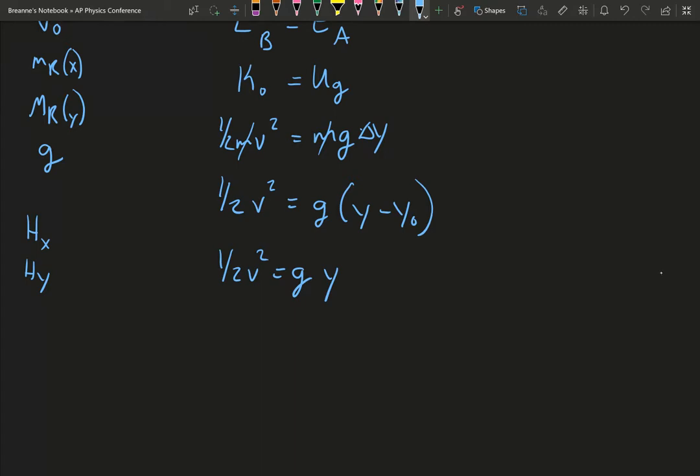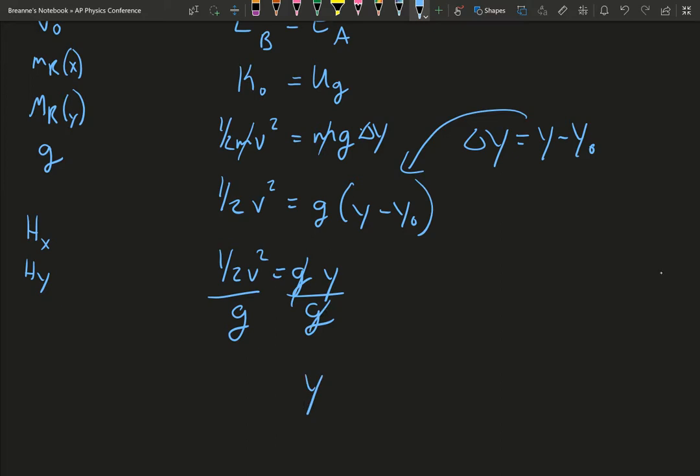Now we're just trying to get y by itself. Here, delta y equals y minus y naught. I'll plug that in. And then y equals v squared over 2g, and specifically it's our v naught, because we had to answer in these terms.